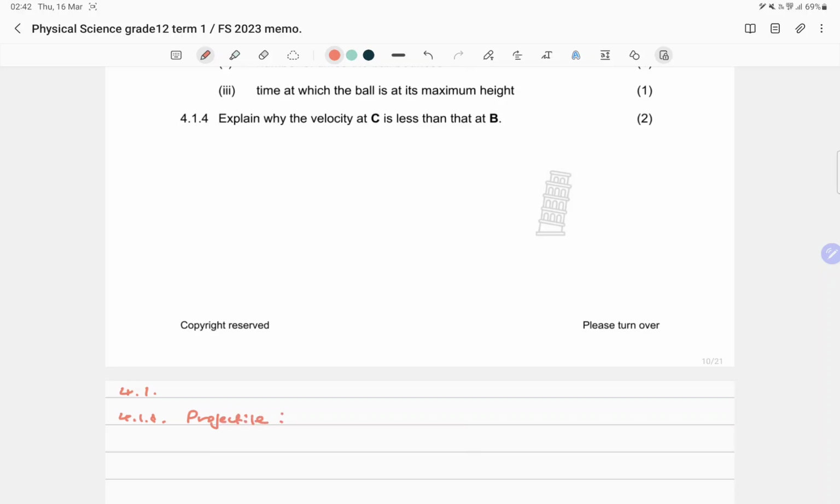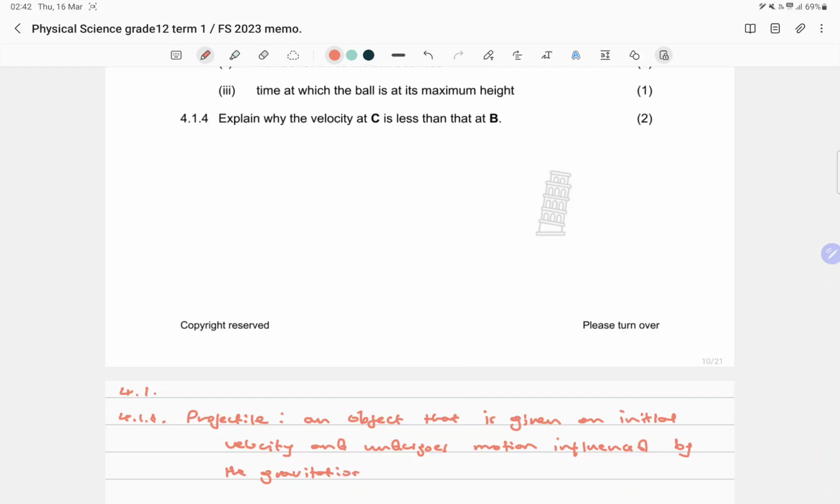The projectile is defined as an object that is given an initial velocity and undergoes motion influenced by the gravitational force only.